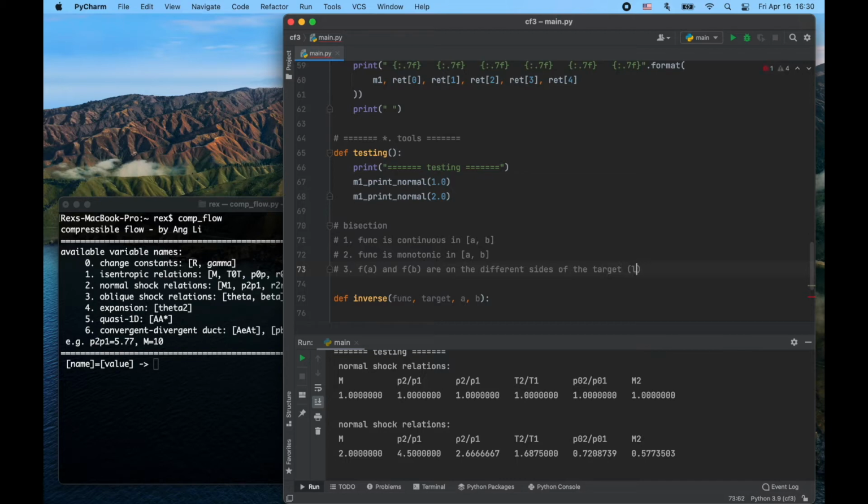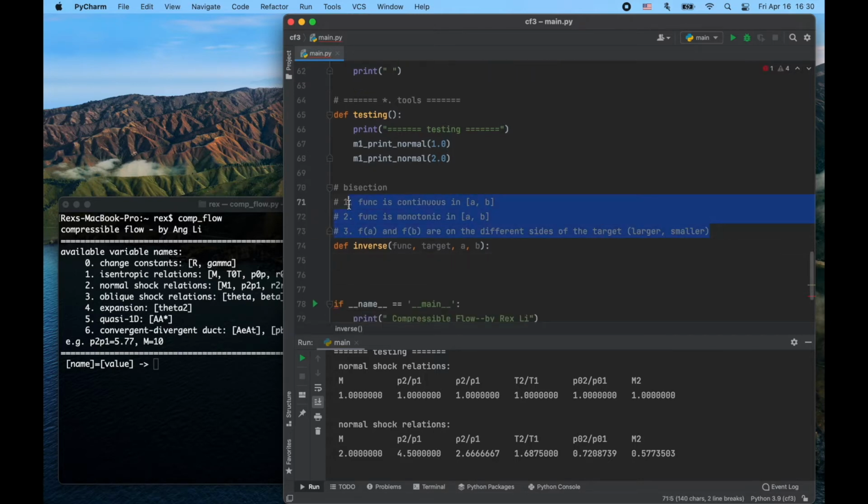That means one is larger, the other is smaller. All right. So if we are sure of these 3 conditions, we can move on. We can use this inverse function.